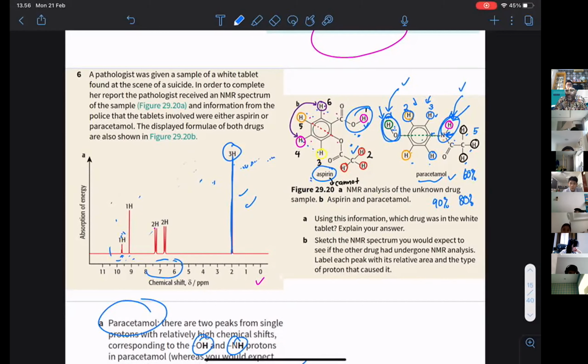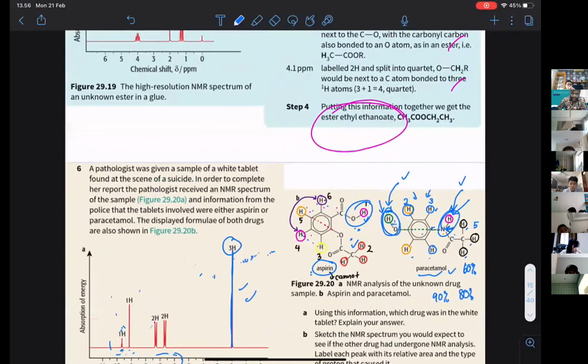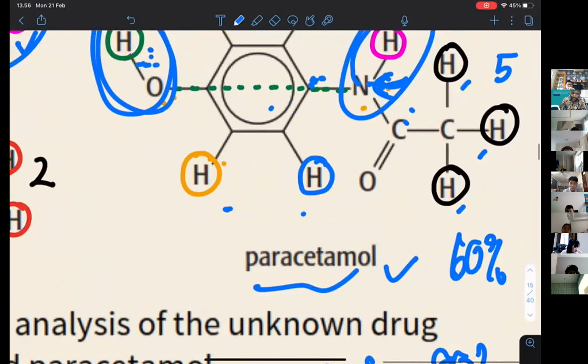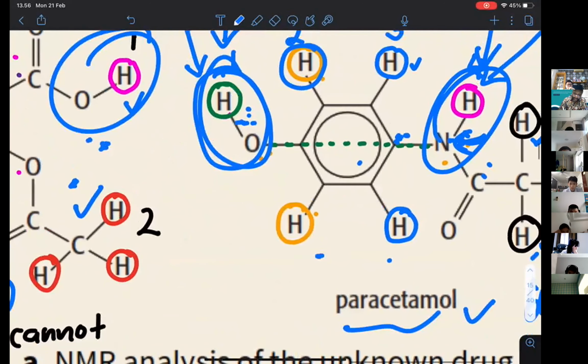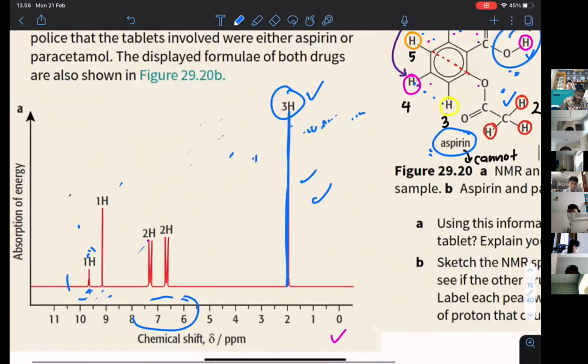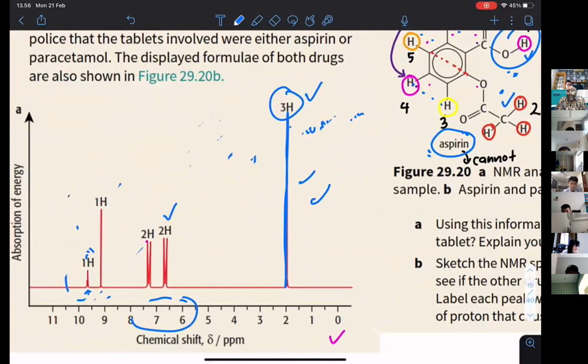For example, if I have CH3, within this environment I have 3 hydrogen, so I write down 3 hydrogen. You see, this environment and this environment are the same, so I have 2 hydrogen with the same environment. That's why I need to write it as 2 hydrogen. Is that clear, Frederick?